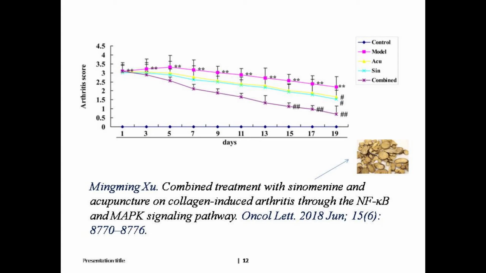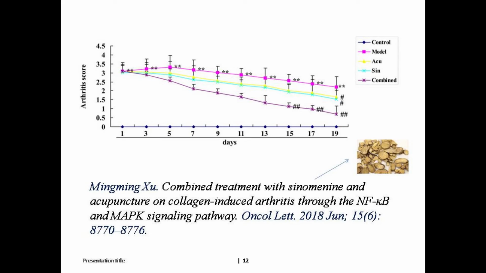One group is treated by acupuncture only. The second group is treated with the Chinese herbs, the obstruction substance from the qingfeng teng. And the third group is qingfeng teng and acupuncture together.